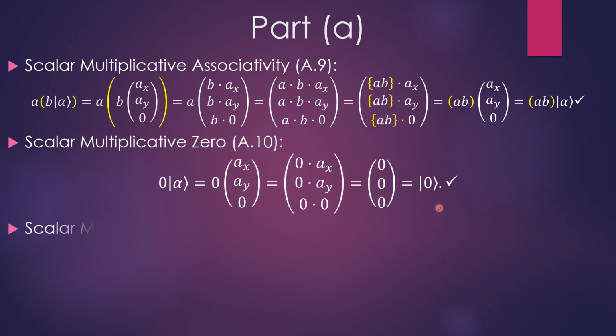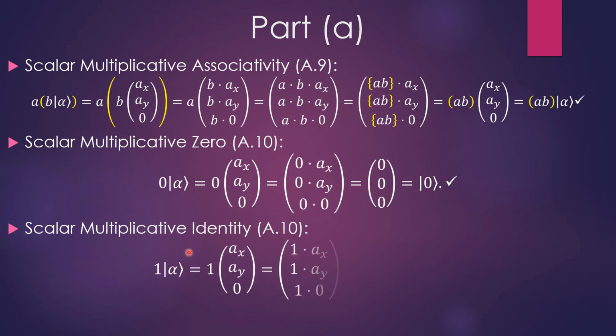So we're good. Same thing. Here's the multiplicative identity, and this one also fails a lot. Do I get the same vector back when I multiply by 1? And as you see here, I have 1 times our alpha, and then I say I can do this component-wise. 1, 1, 1 times every component, which just returns my components, and I'm good to go. So I have closure under this multiplicative identity too.